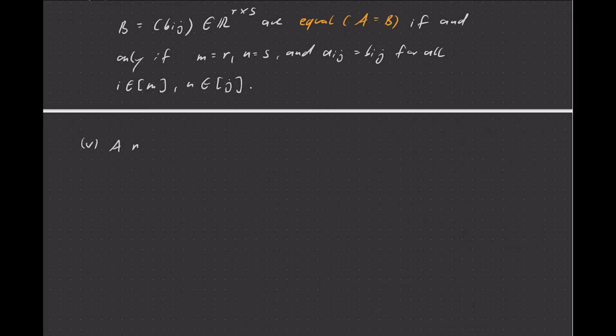So a matrix in R^(n×n), so that means the number of rows is equal to the number of columns, is called a quadratic matrix.